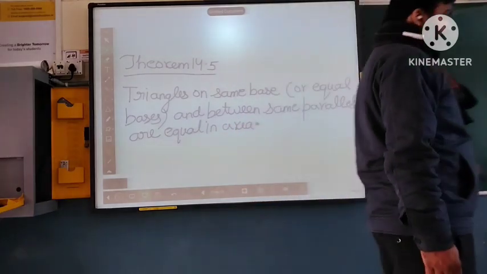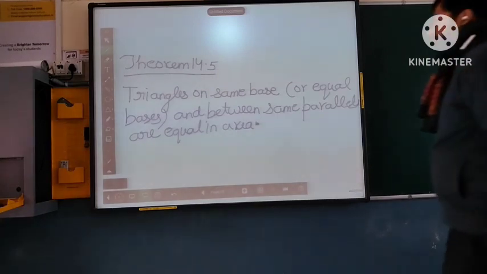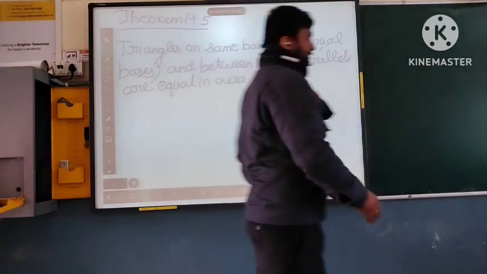So again, area of triangles should be equal provided they share the same base. Again, you will get some questions for calculations also.